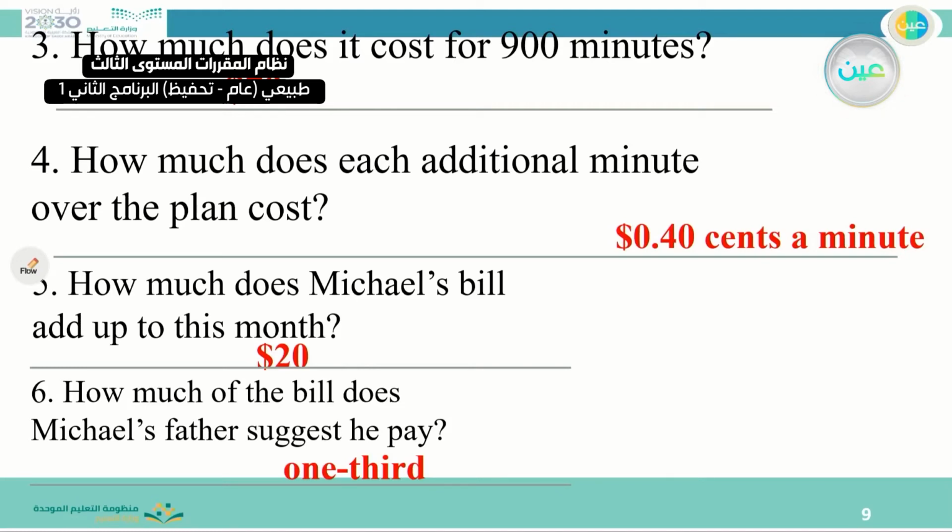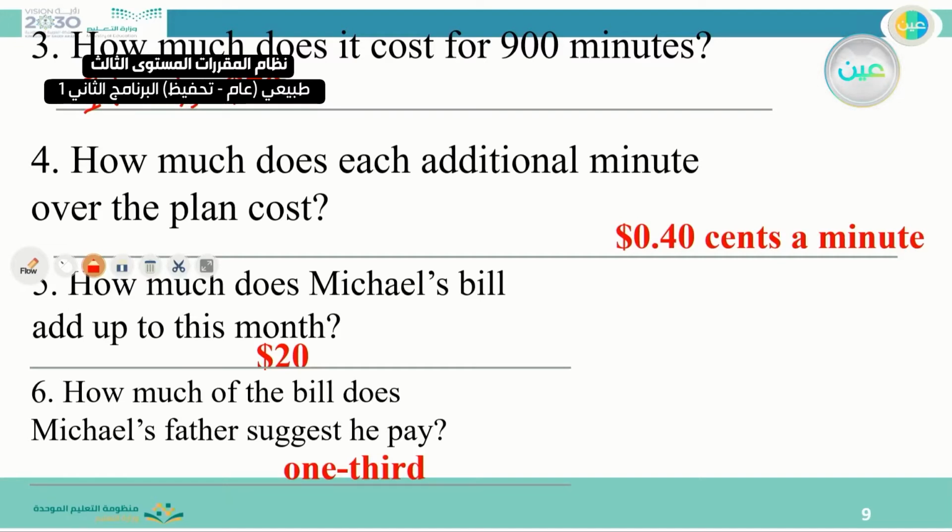And if we want to write full sentences here, we need to watch our writing also as before. Like the question here: how much does it cost for 900 minutes? We say here, it costs $79.